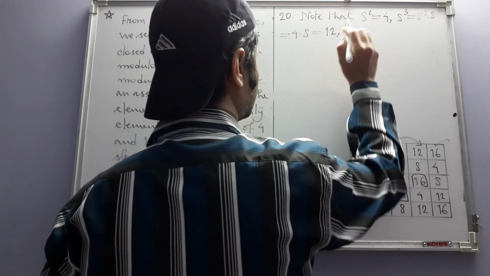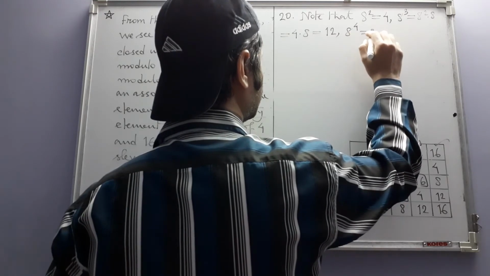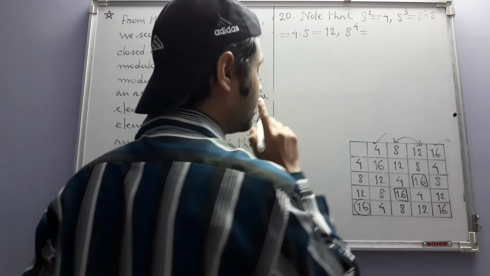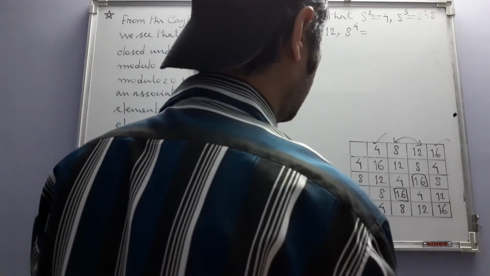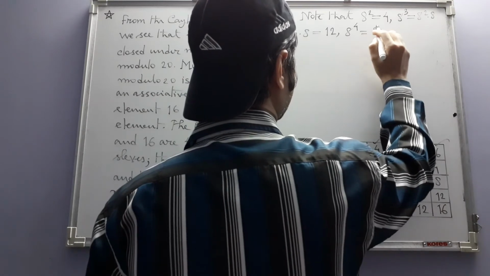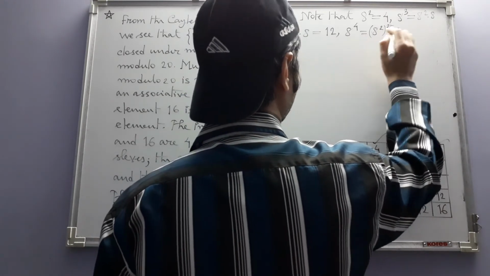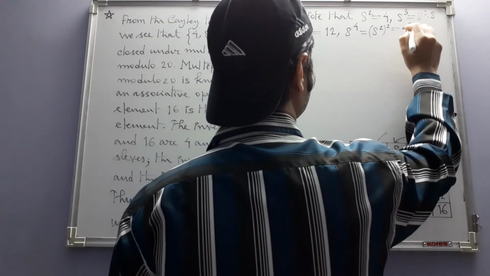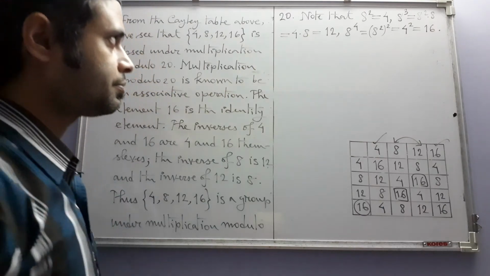And 8 to the power 4 of course will be, no, we cannot say that, because we don't have Lagrange's theorem yet. Anyway, we can calculate it from here. By the rules of exponent, we have this. So this is 4 square, that is 16.